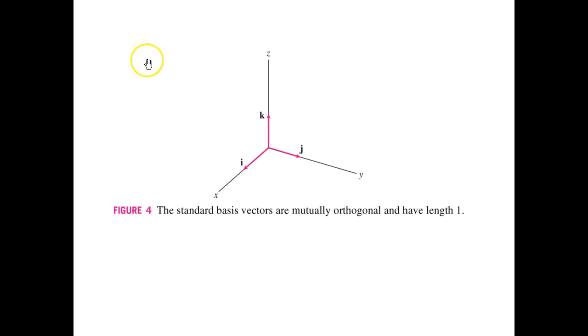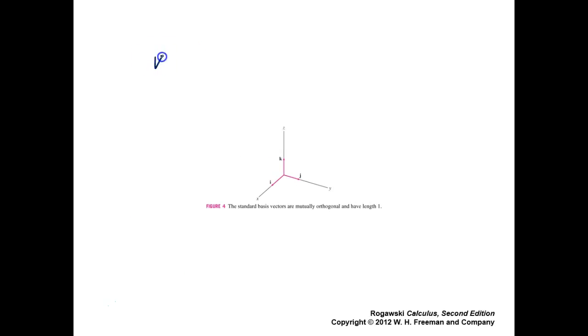If I'm just doing any old vector v, I put an arrow over it because I can't write bold. The book writes in bold. That's how you know it's a vector. But if I have a unit vector, I don't put the arrow over it. I put a caret over it, a housetop. So i, j, and k.